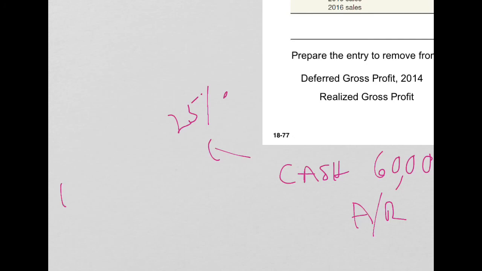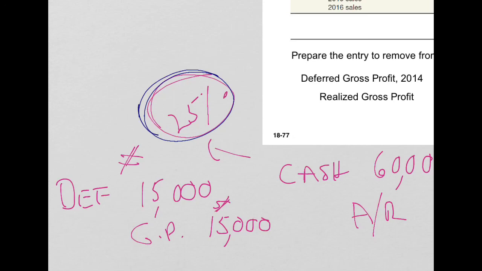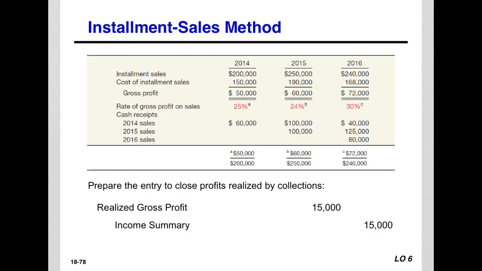And so we'll now reverse the deferred revenue by debiting it for the 15, and we'll put it to our gross profit for the year. It'll be called gross profit on installment sale or something like that, to distinguish it from other kinds of transactions. That's how, over time, each dollar of cash collected will recognize 25% of each dollar as gain on that sale, as we collect it. That's the deal.